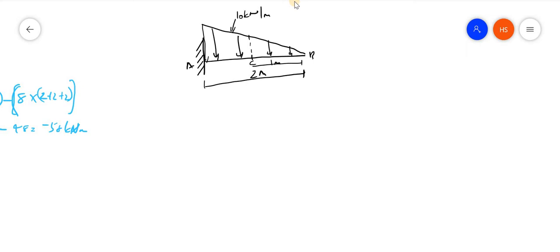First of all, I have to find the shear force. Shear force at B is equal to 0. Then what is the shear force at A? First, the shear force at C. It will be the area of this figure, the area marked in blue.